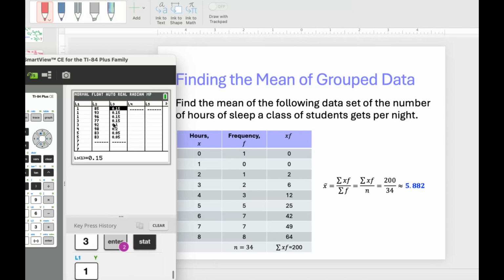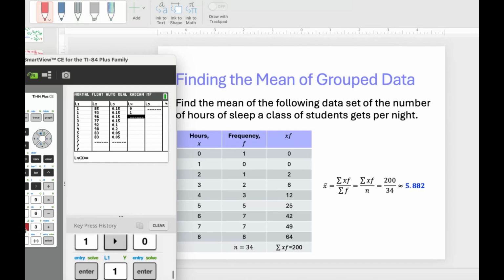So this set of data values I'm going to put in L4 and then their frequencies in L5. So we have 0, 1, 2, 3, 4, 5, 6, 7, and 8. And then we're going to do the frequencies.